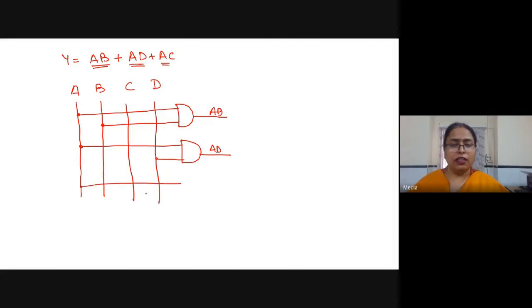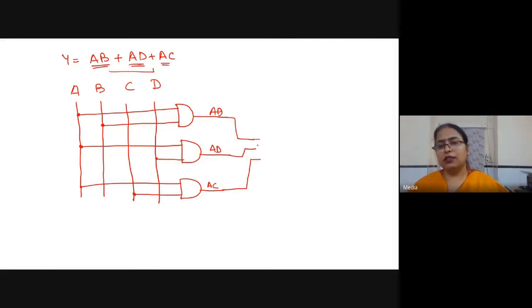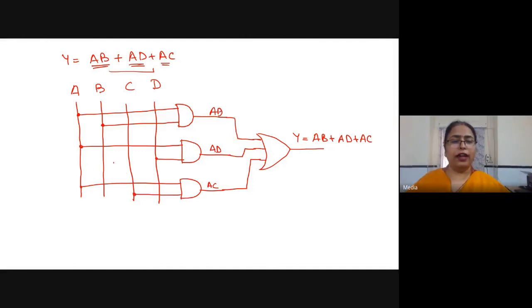This is A, this is C, so AND gate, and this is AC, and all are OR. So this is a three input OR gate. You can put an OR gate here, and you get the final output Y is equal to AB plus AD plus AC. Now you can verify your circuit that it is the designed one for that problem.